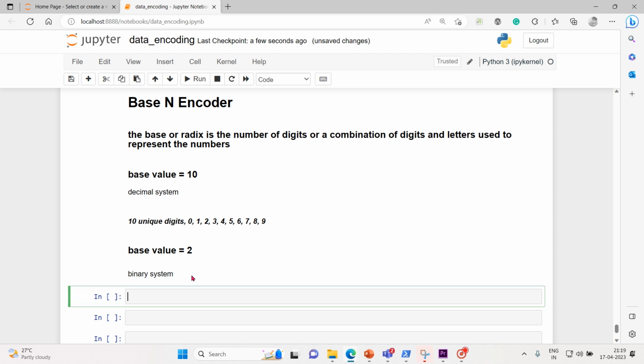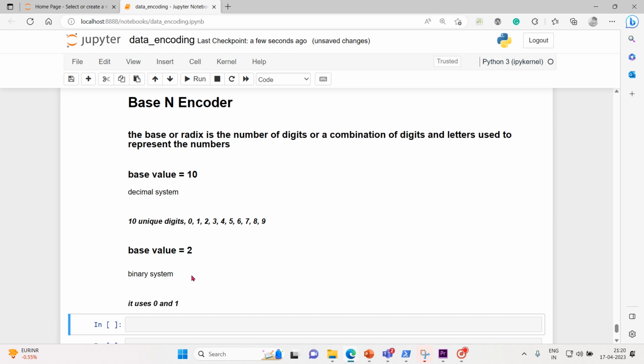Here it uses 0 and 1, that's it. It expresses all the numbers using these two digits.